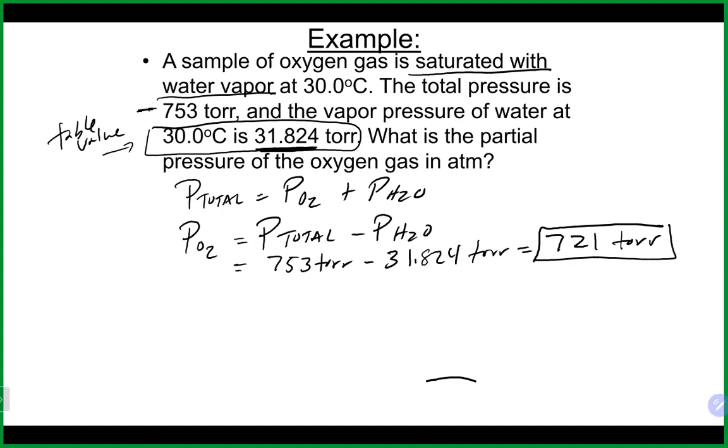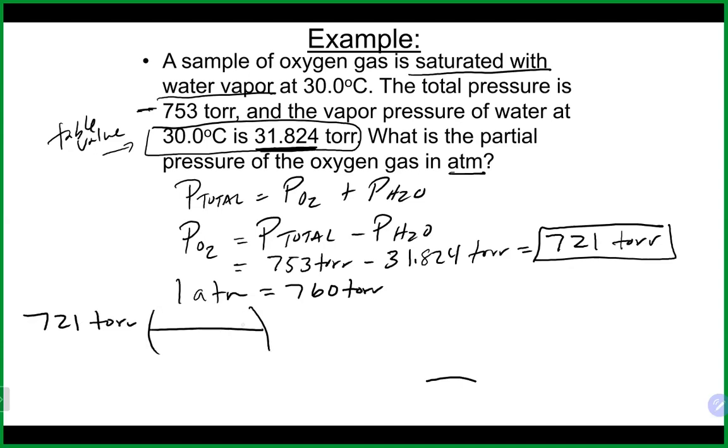It also wants it in atmospheres. So we would use our conversion that 1 atmosphere is equal to 760 torr. Taking our 721 torr, with 760 torr on the bottom and 1 atmosphere on top, the torrs will cancel.